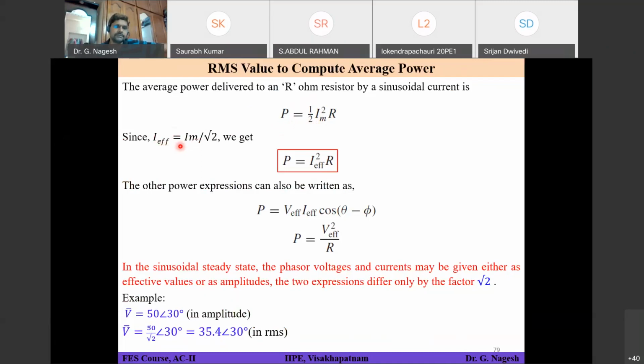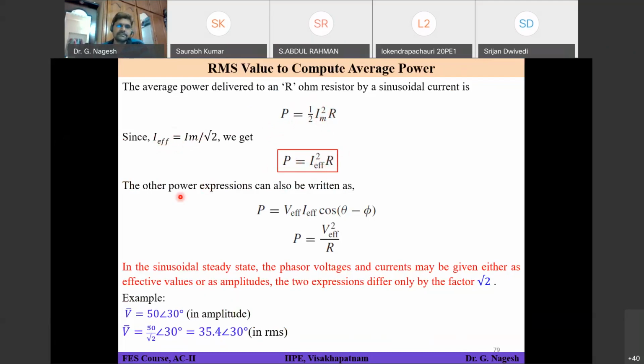If you do that, power P is equal to I effective square into R. Simply substitute the I max value in the above expression and you will get power is equal to I effective square into R. So you can use either this one or that one.